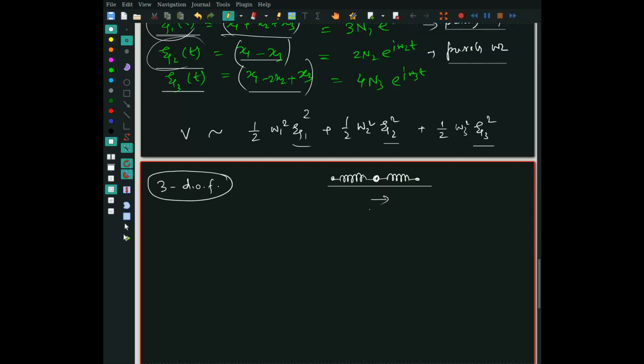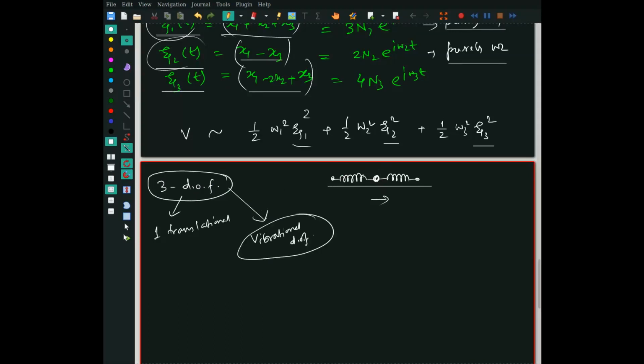You translate the molecule overall, so basically one translational degree of freedom. Since this is motion in one dimension, there is no rotation involved, at least not in a distinguishable way. Then the other two will be vibrational degrees of freedom. So there is one translational degree of freedom and 2 vibrational degrees of freedom.